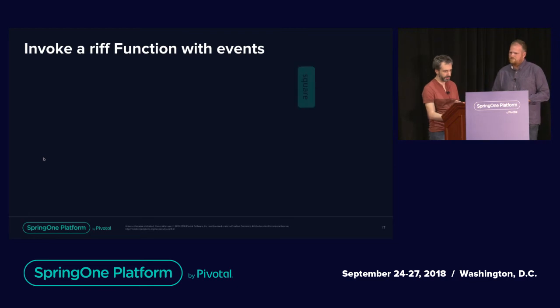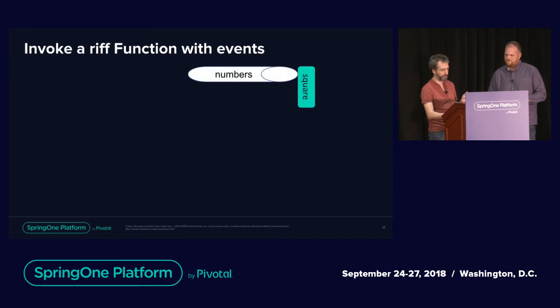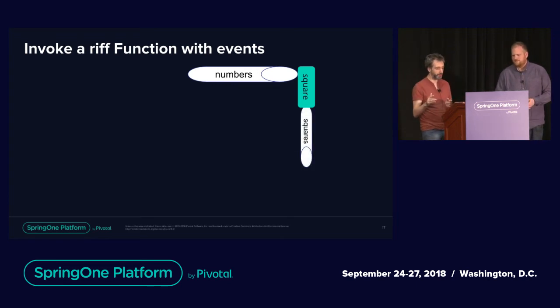So we had the square function. We created a channel named numbers that we wired as the input to square. We had another channel named squares, and again we wired that using the subscription.